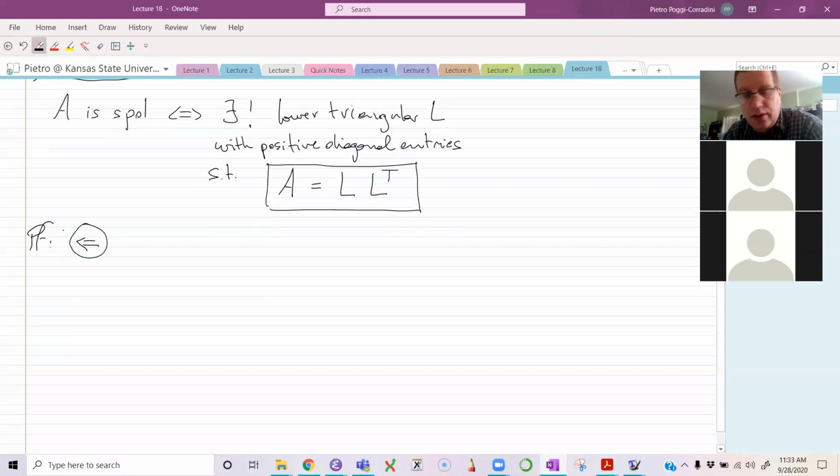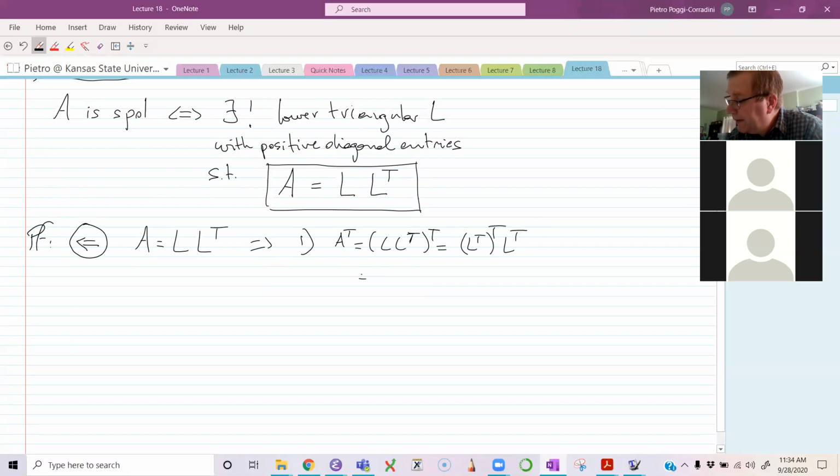All right. If you do have a Cholesky factorization, then let's check, first of all, A transpose is going to be L transpose transpose L transpose. That's L L transpose, so that's A again, so you're symmetric. And secondly, let's check that you're positive definite.